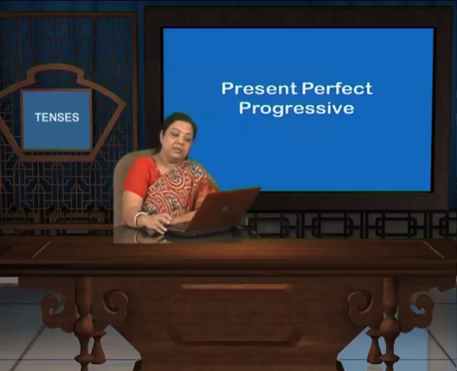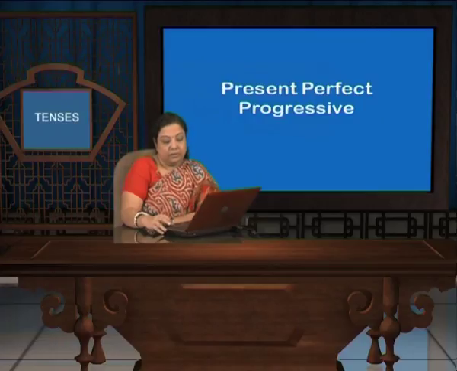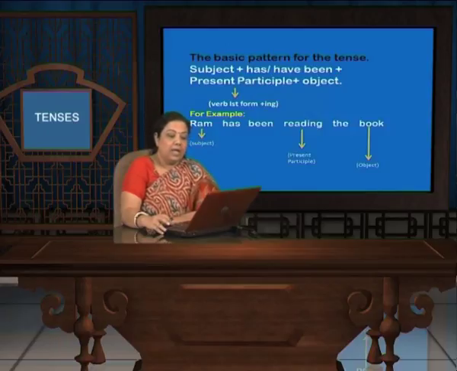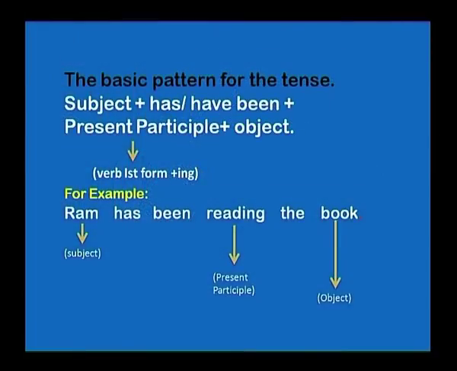We have another, present perfect progressive tense. So, you have present, you have perfect, you have progressive, that is continuous tense here. And the basic pattern for this tense is subject plus has, have, been plus present participle plus object. So, what do we have? In present participle, you have first form plus ing.